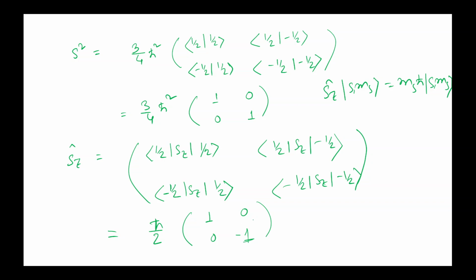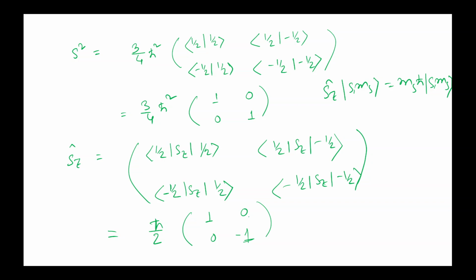So it was very simple for the Sz case to find out the operator form, but the real problem begins with finding out the Sx and Sy. So why I'm showing you all this? Because these are very important when you deal with relativistic quantum chemistry.